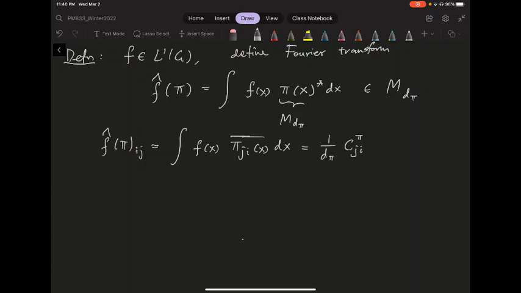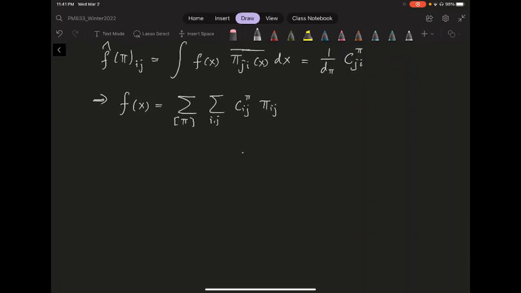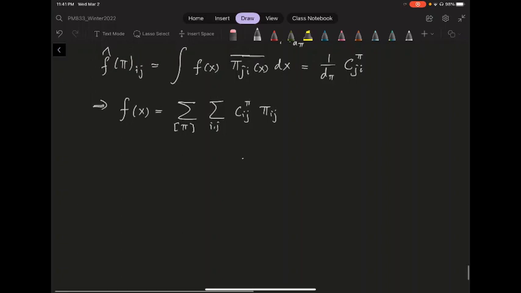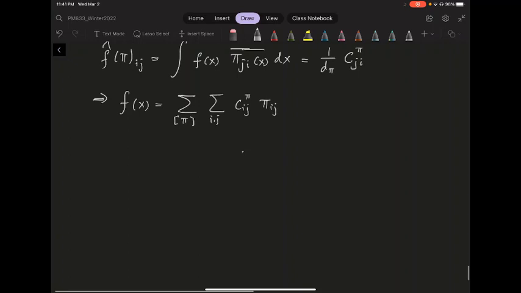All right, so now if you consider your f of x, I want to get rid of the ij, so let's try to rewrite it in the following way. This is the summation over all the equivalence classes of irreducible representations pi, and then I sum ij from 1 to d pi of a coefficient c pi ij times pi ij. Now each of these Cij I can write as the ij entry of the Fourier coefficient.